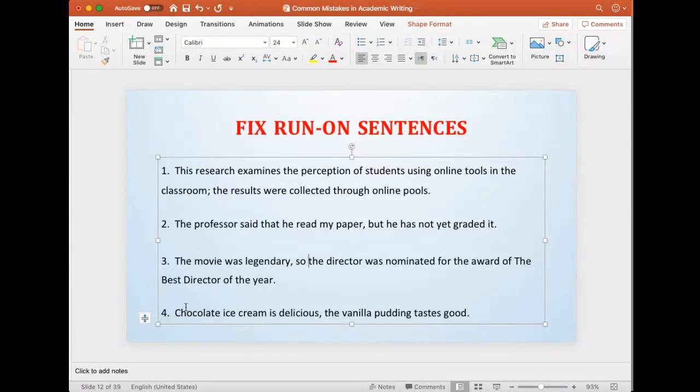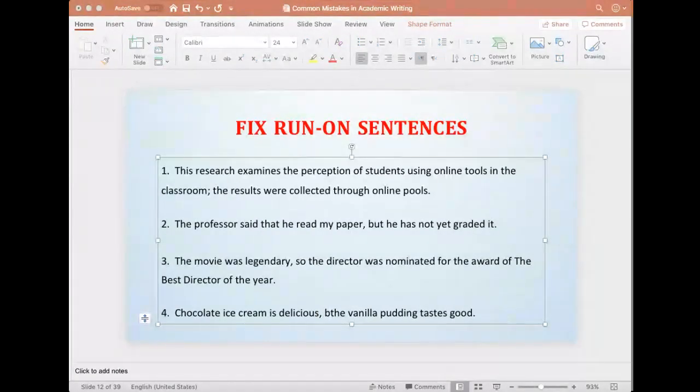And finally, chocolate ice cream is delicious. The vanilla pudding tastes good. So I'm talking about two different things: chocolate ice cream, vanilla pudding. Because, yeah, I would use because.